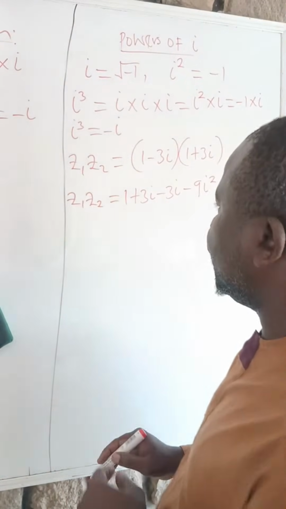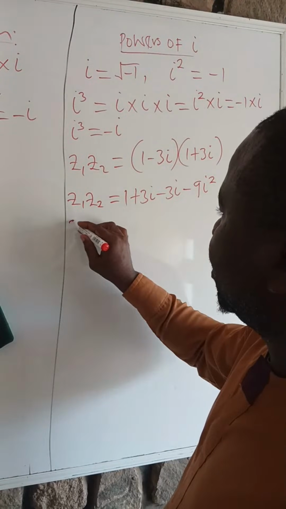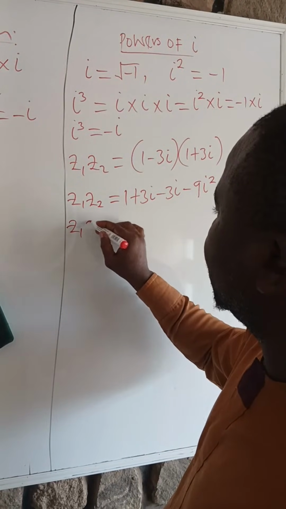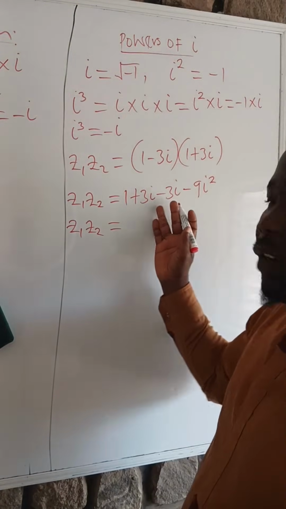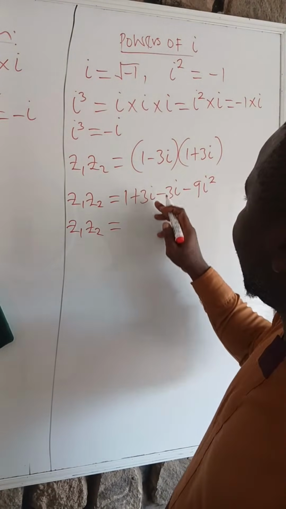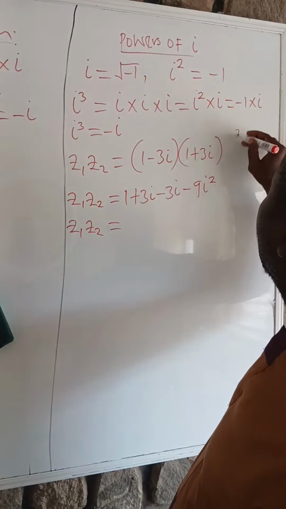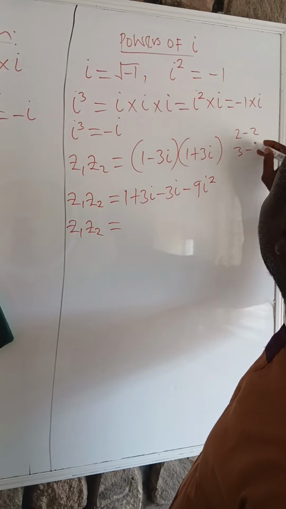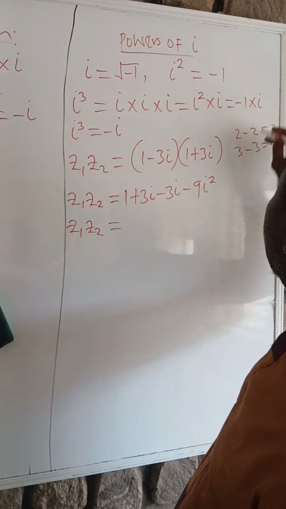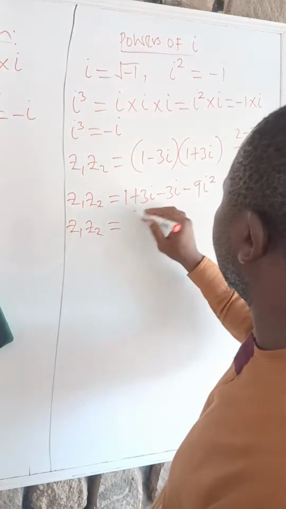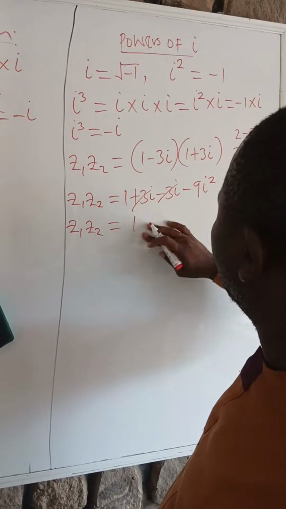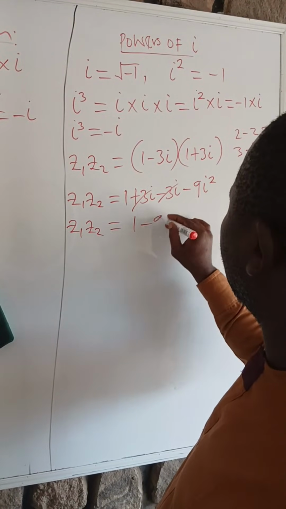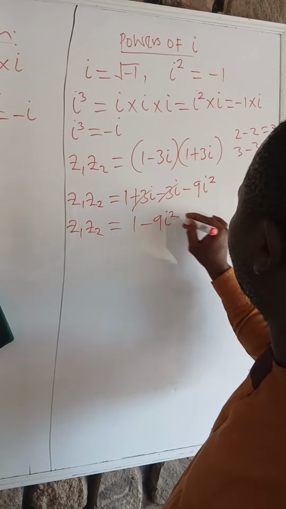It's okay. So if you agree with me, you don't need a prophet to tell you z1 times z2 is equal to, you don't need a prophet. Here, 3i minus 3i, just like 2 minus 2 or 3 minus 3, is equal to what? 0. True or false? So here, this and this will cancel. We'll be left with minus 9i squared.